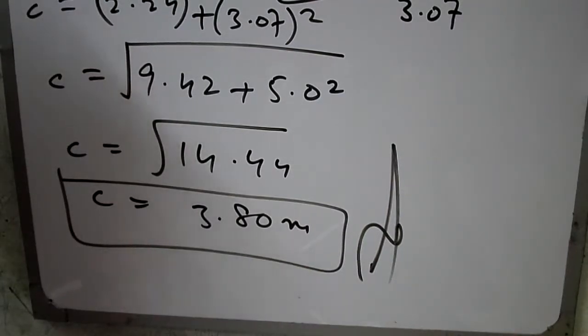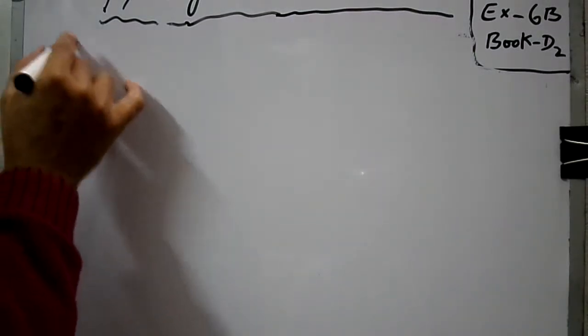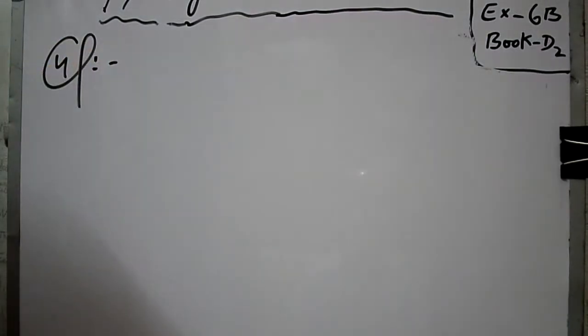Now in question number 4, we have to find the following. The triangle ABC is right-angled at B, and D is another point.